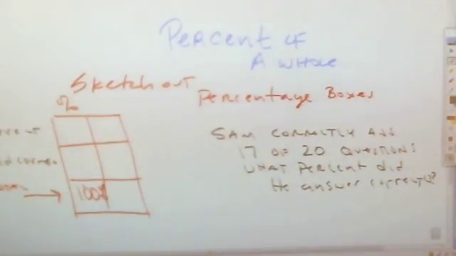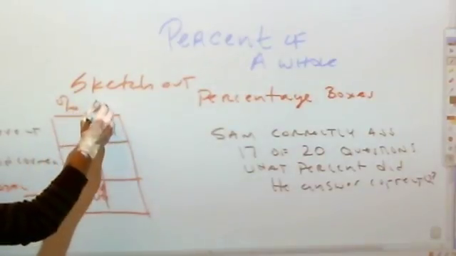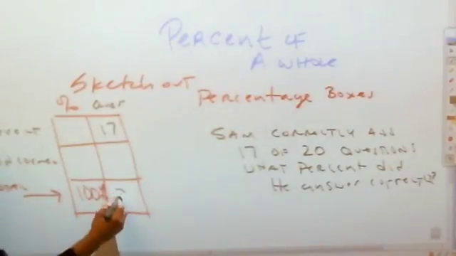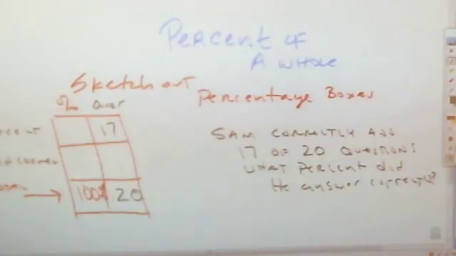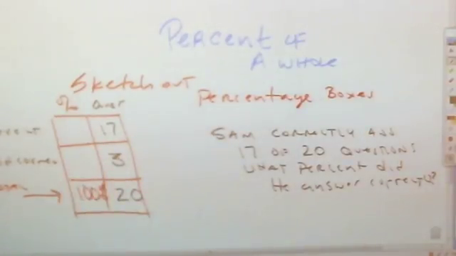Do I know how many correct questions I have? 17, so that goes here under correct questions. How many total questions were there? 20. Which would mean how many incorrect were there? 3.